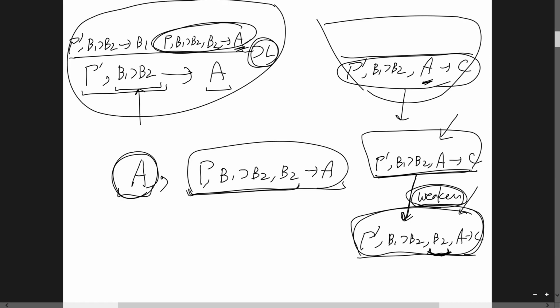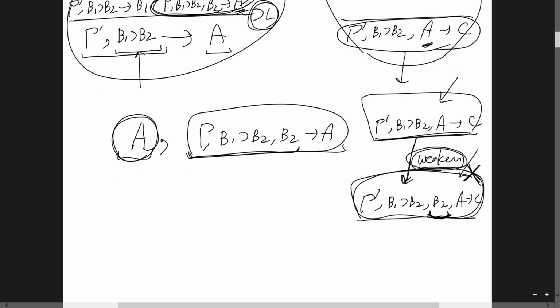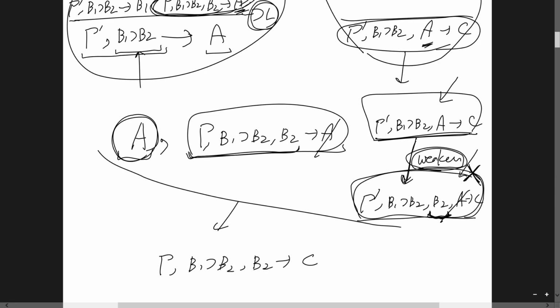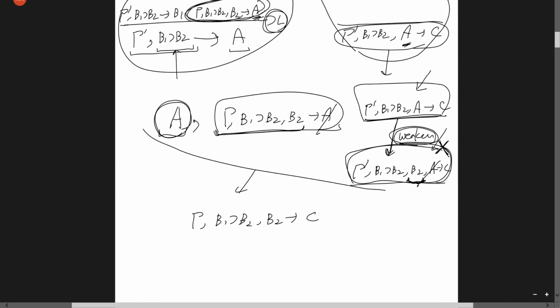So actually the size of this sequence doesn't matter because this is smaller anyway. So now from this case, we basically cut away A, and then we obtain gamma B1 implies B2 arrow C. So we have produced this one.